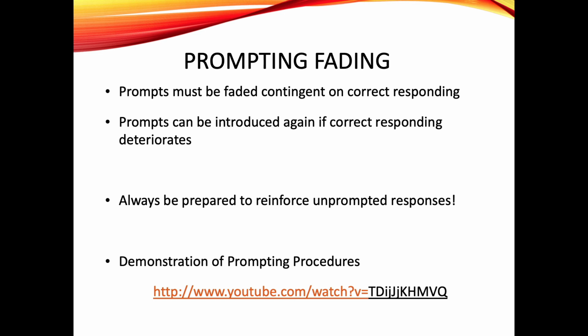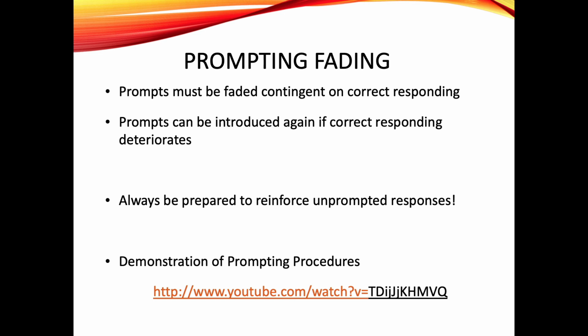Now, if we're starting with physical prompting, such as a most to least procedure, initially responding is going to be correct all the time. So the systematic part needs to be, all right, let's go 3 consecutive sessions of 10 trials where we utilize the physical prompt. Then we'll fade to a gesture prompt, or we'll fade proximity or use shadowing instead of hand-over-hand guidance.